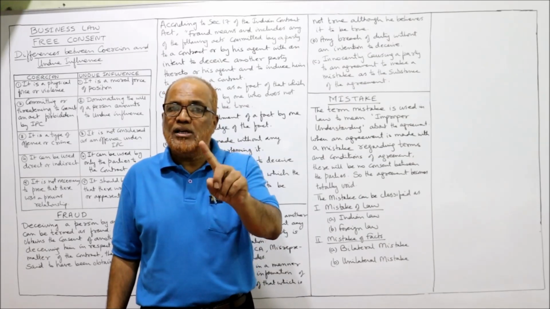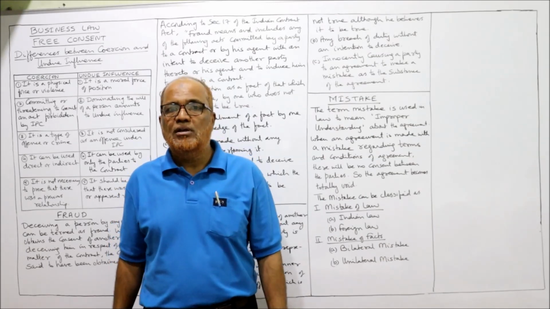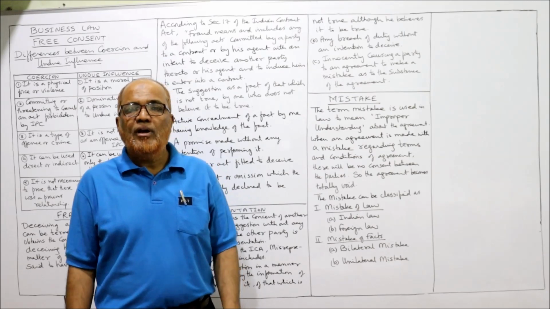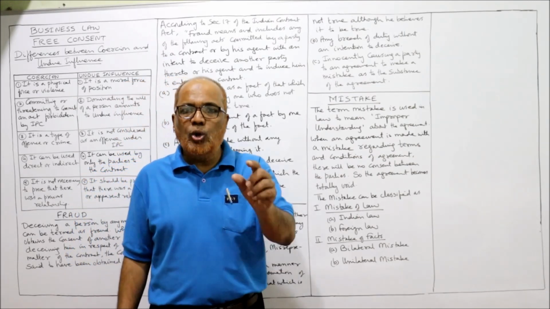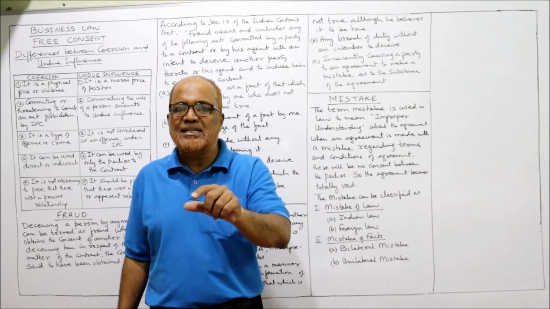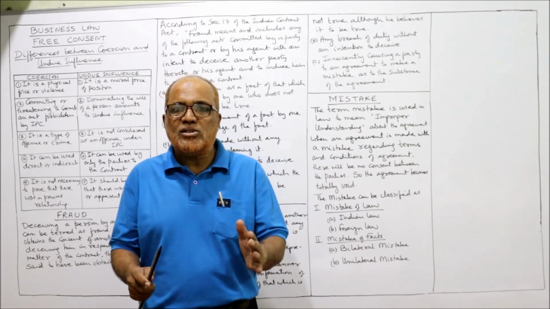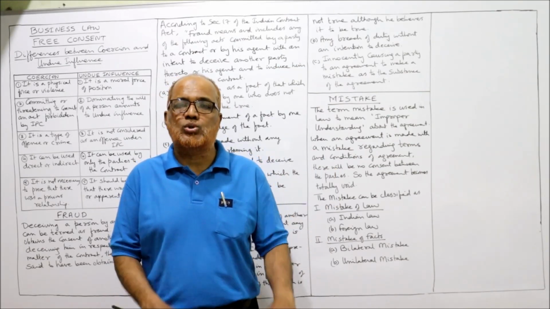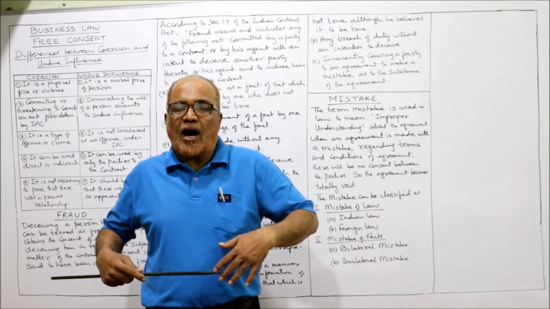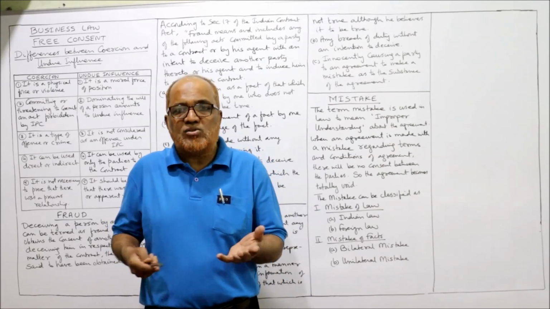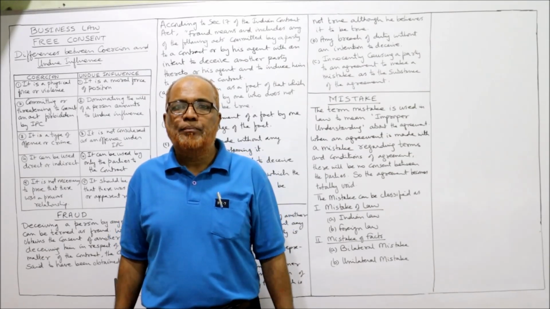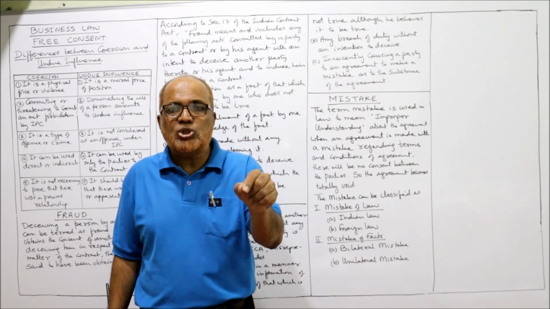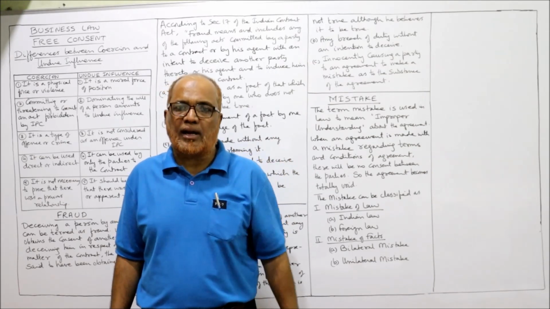But it is not excusable because there is one saying, ignorantia juris non excusat. Ignorance of law is no excuse. So when a person says, I don't know about the Indian Contract Act, that's why I entered into an agreement, he cannot be excused because everybody must know the law regarding contracts.